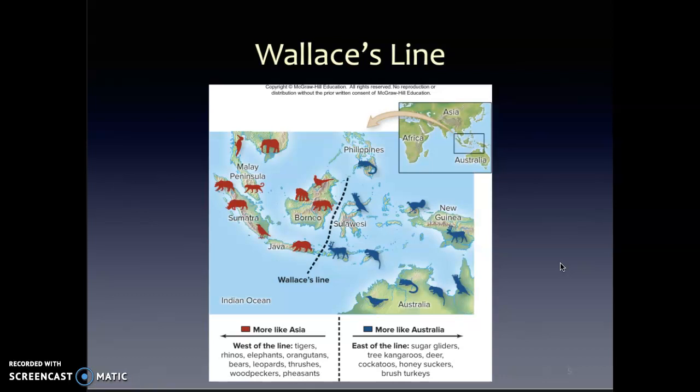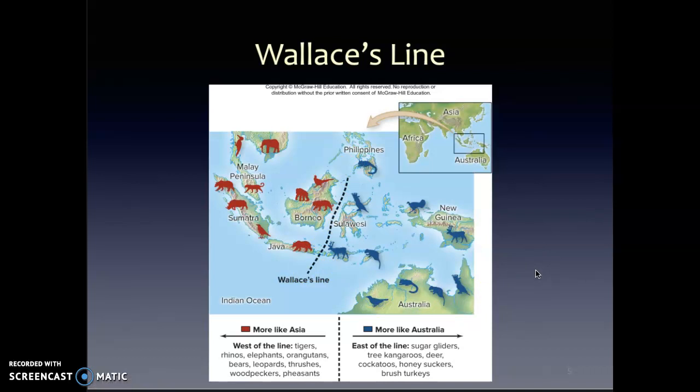The overall pattern was that the western islands had animals that were similar to those in Asia, while the eastern islands had fauna that was more like what he saw in Australia. There seemed to be a very clear demarcation, indicated by this dashed line, between the two animal groups. This line became known as Wallace's line.